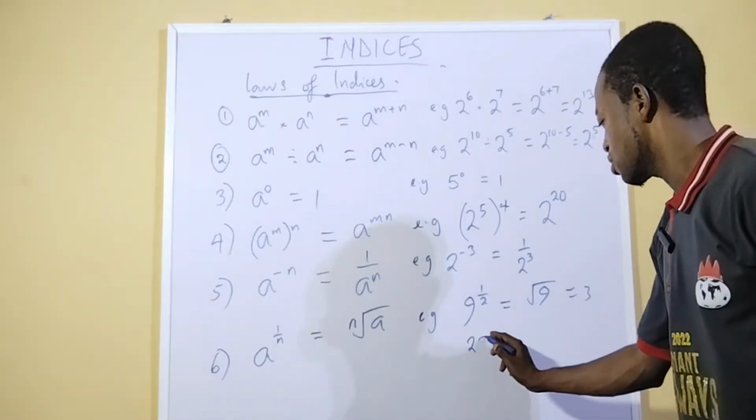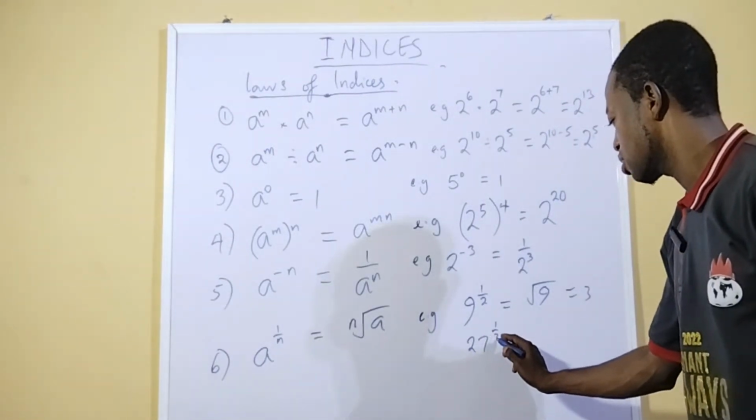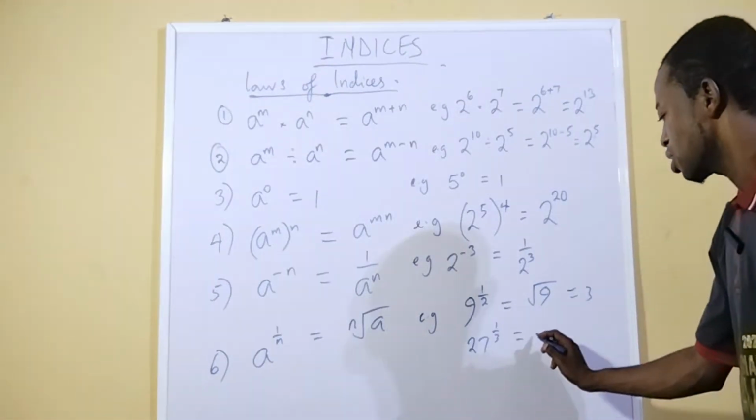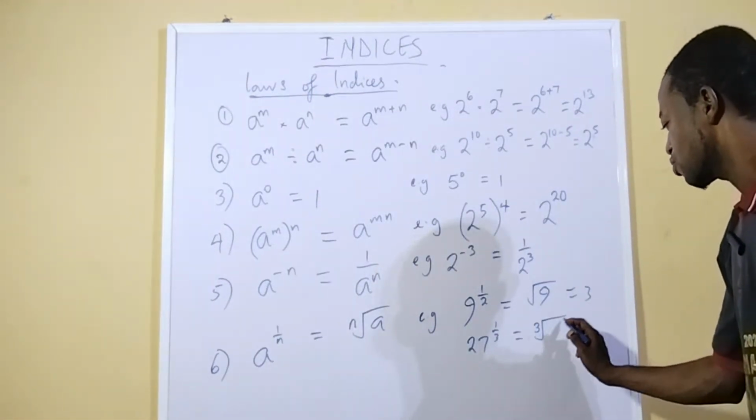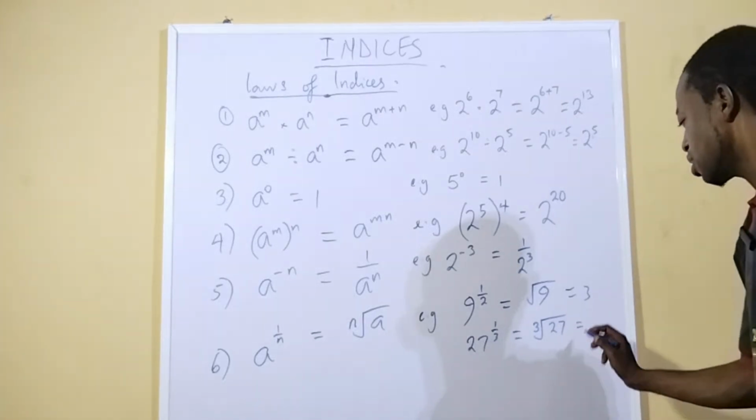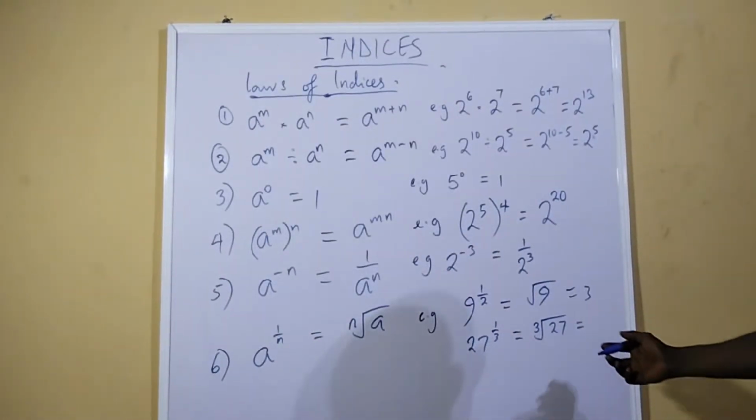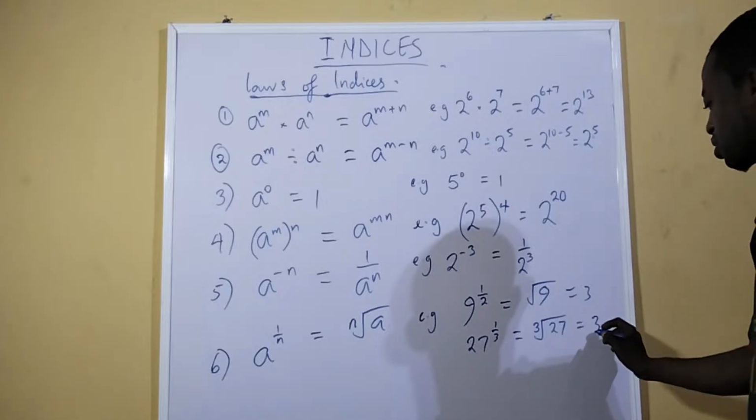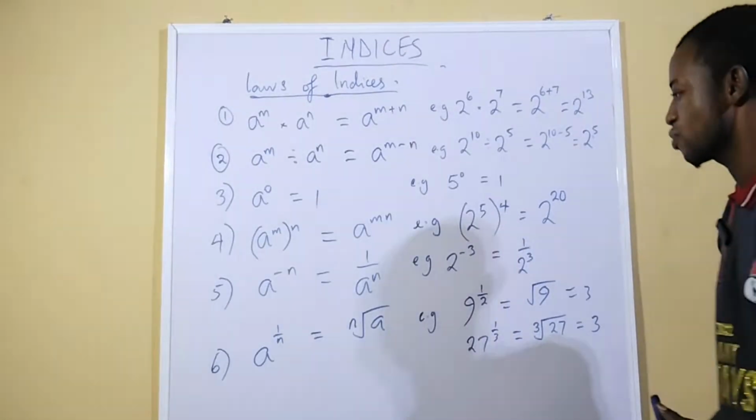If you have 27 raised to power 1 over 3, this is like we have cube root now of 27. A number that can multiply 3 times will give us 27, that's 3. Okay? And so on and so forth.